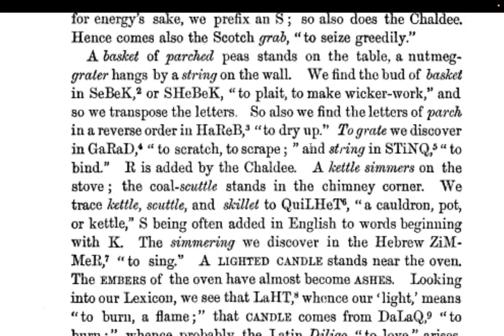We also find the letters of parch in a reverse order in hareb, to dry up. For grate we discover garad, to scratch, to scrape, and string in stink, to bind. R is added by the Kasdim.